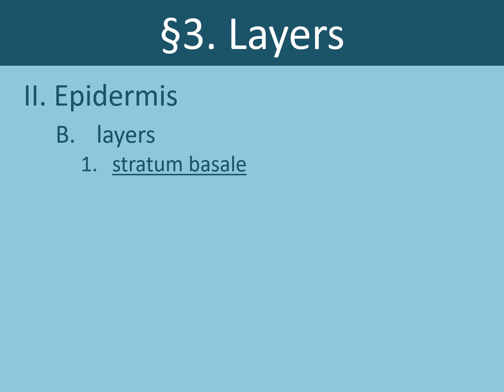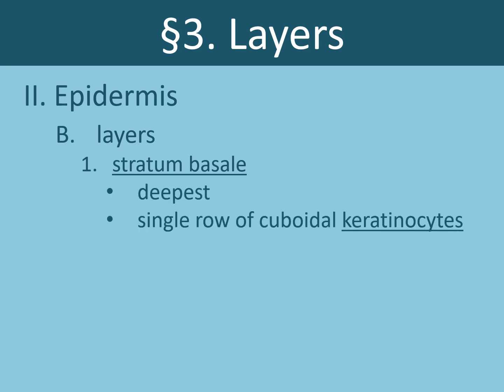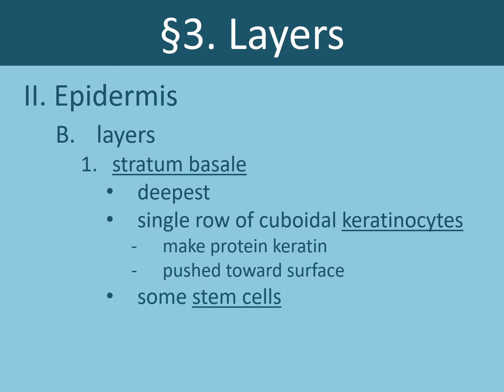The deepest layer is called the stratum basale. It's composed of a single row of cuboidal keratinocytes. Keratinocytes are cells that make an abundance of the protein keratin. Recall from Chapter 3 that keratin is a type of cytoskeleton, specifically intermediate filaments. As these cells grow, they are pushed toward the surface of our skin.